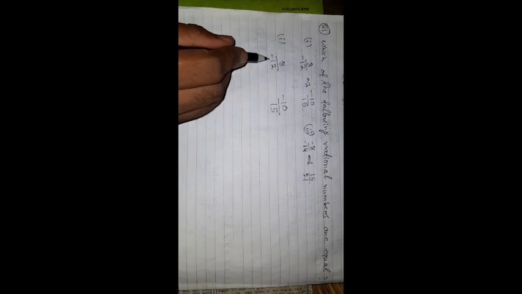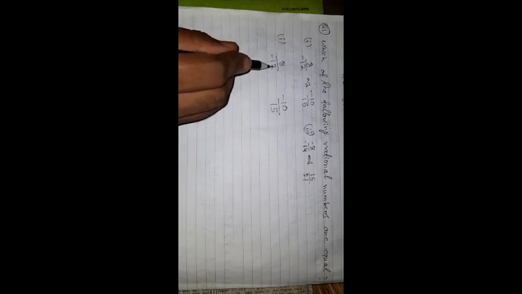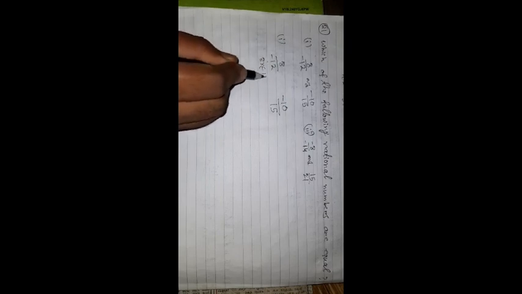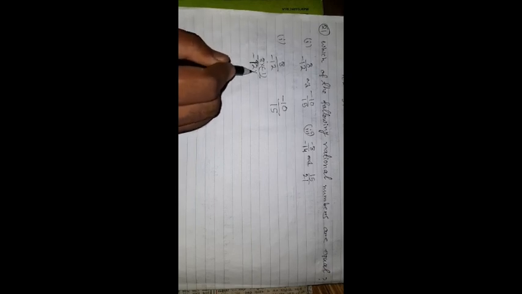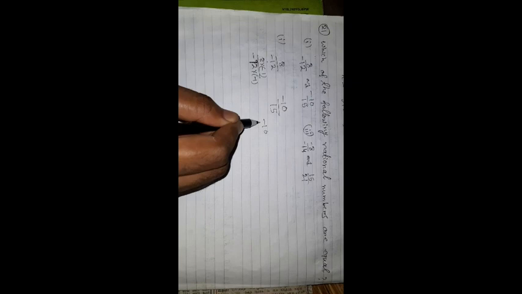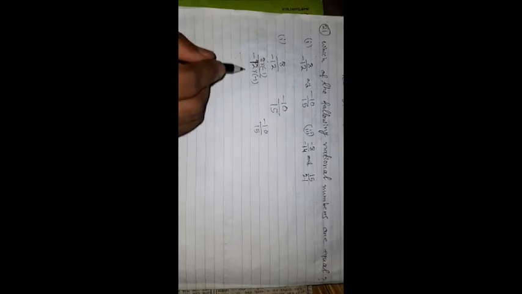So to convert a negative denominator into positive denominator, we multiply both numerator and denominator by minus 1. So we get minus 8 upon 12.